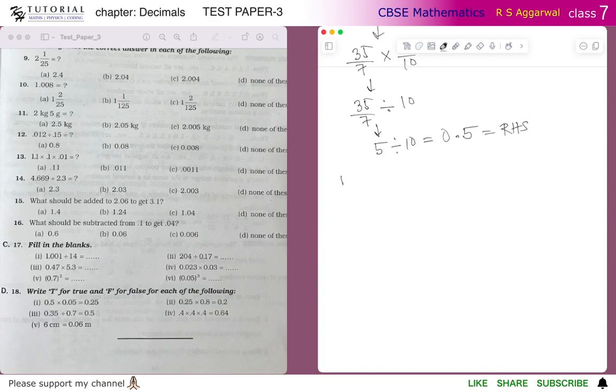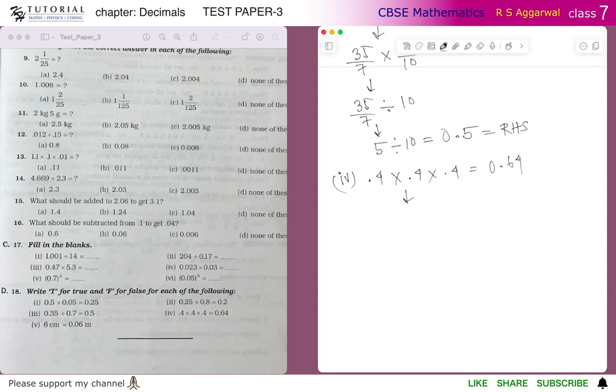Let's do 4. It says 0.4 multiplied by 0.4 multiplied by 0.4 equals 0.64. So let's see what is the left hand side. It is the product of three decimal numbers.